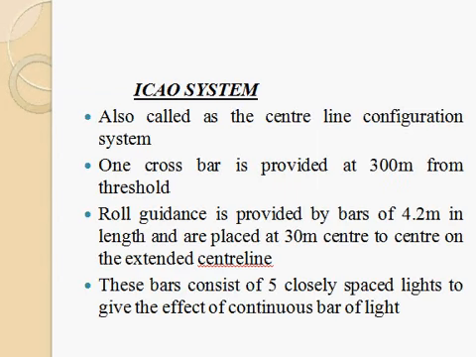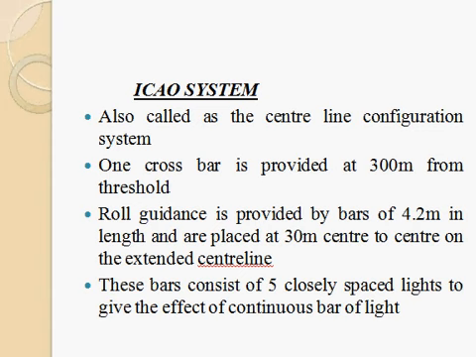Next is the ICAO system. Here also we are providing lighting for 900 meters before the runway starting line. It is also called a centerline configuration system. Here we will be providing only one crossbar at 300 meters from the threshold, and we will be providing lights at 30-meter center to center, as we have already said.